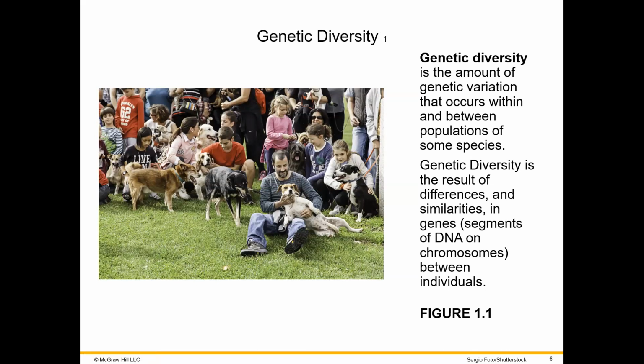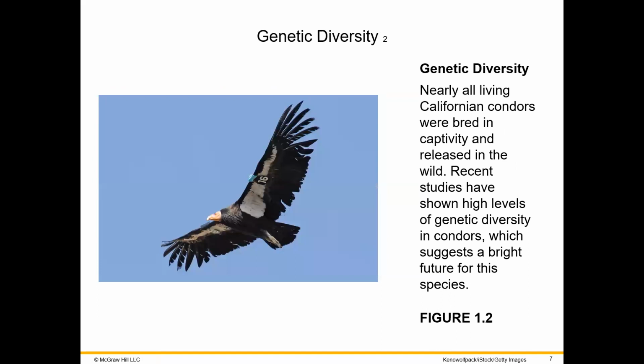An example is that modern humans all belong to the same species, Homo sapiens, right? We're all Homo sapiens, but each of us is genetically unique. And the average difference between individuals is about 0.1%. Nearly all Californian condors are bred in captivity and released in the wild.